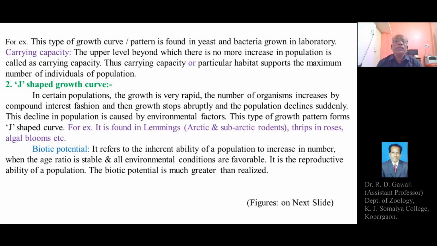Then carrying capacity. This particular type of growth, that is the sigmoid or S-shaped growth curve or pattern, is seen usually in a particular habitat or region, or in a population, due to a definite carrying capacity.